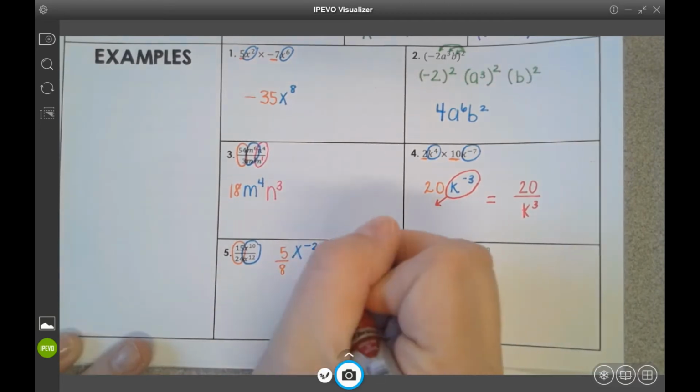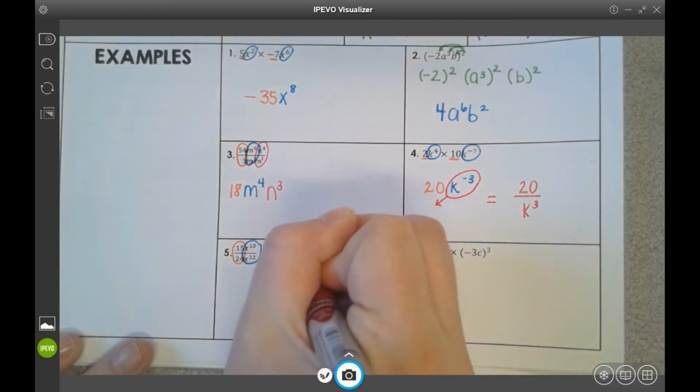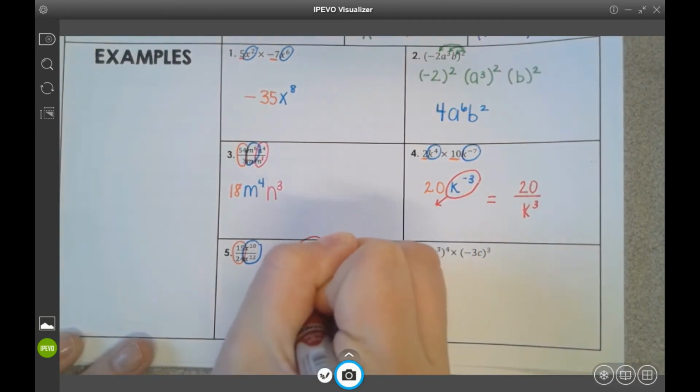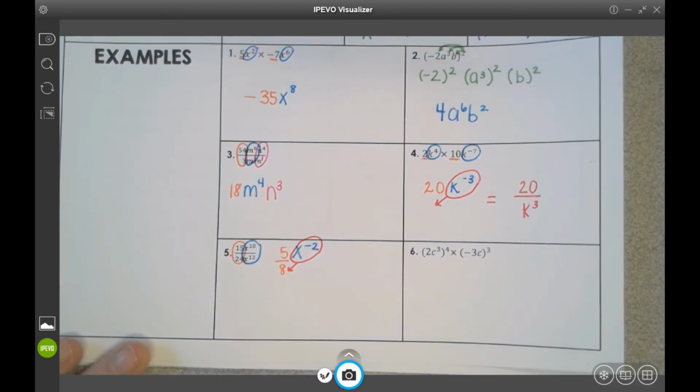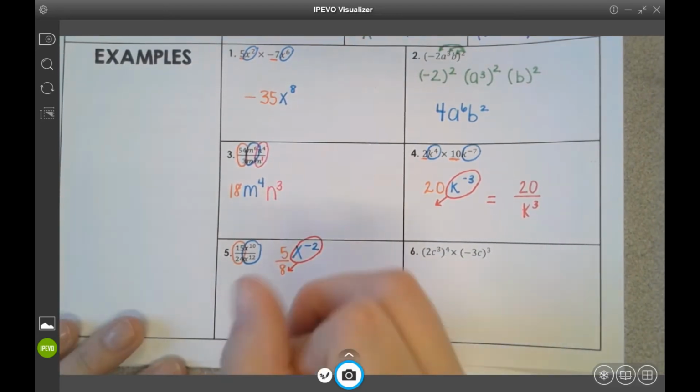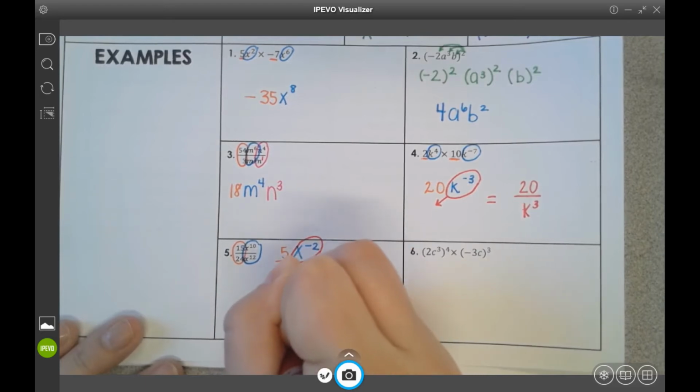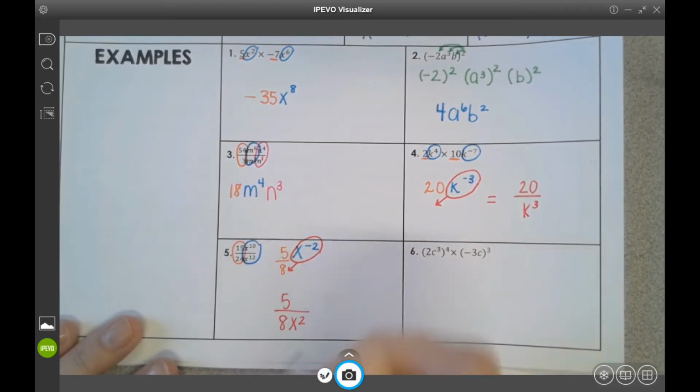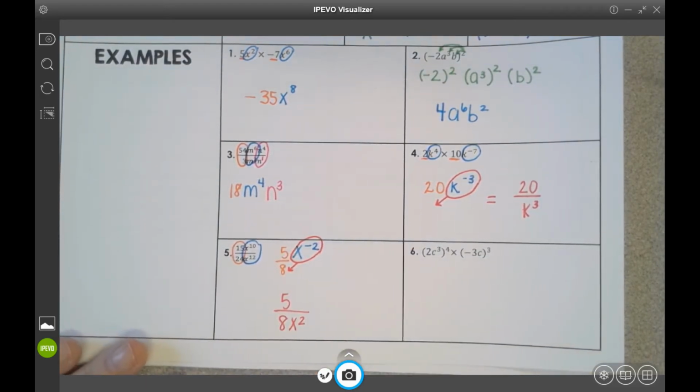And we don't leave a negative in the exponent. So if we bring that to the bottom, that -2 becomes +2. So 5 over 8x squared. So anytime you have a negative exponent, you got to get rid of that.